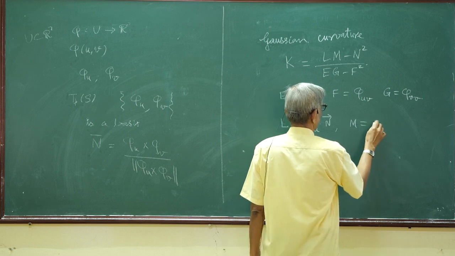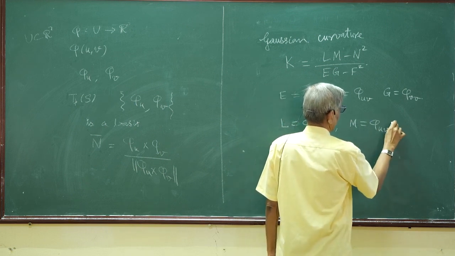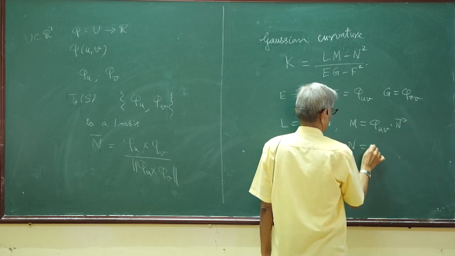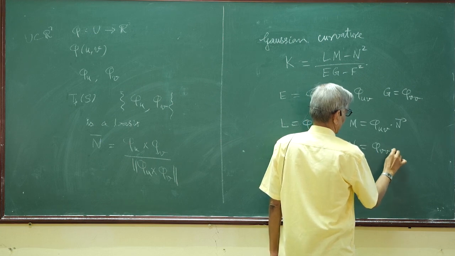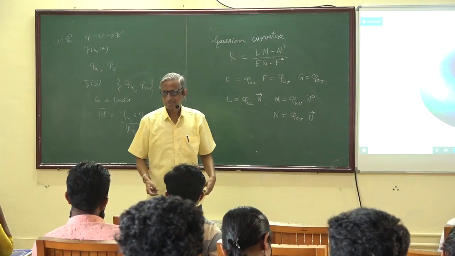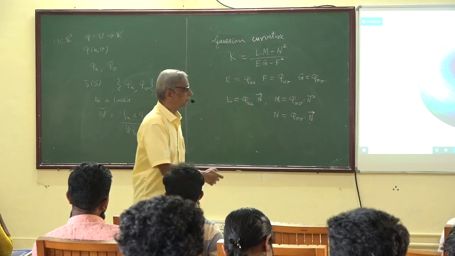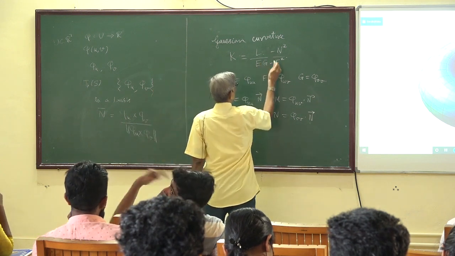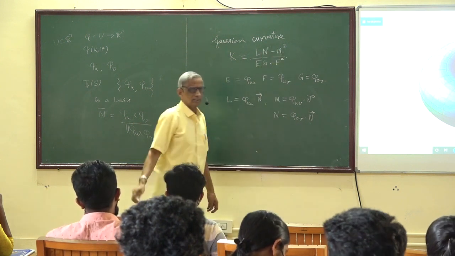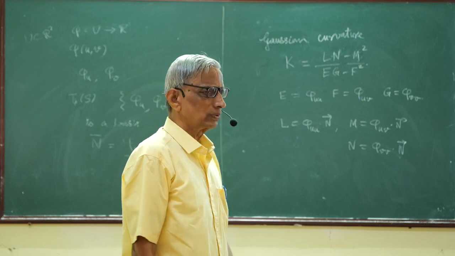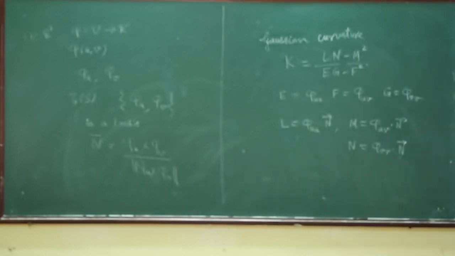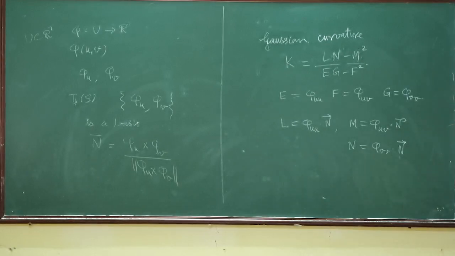M is phi uv dot N. So to compute the curvature, therefore, we just have to compute these 6 quantities, right?